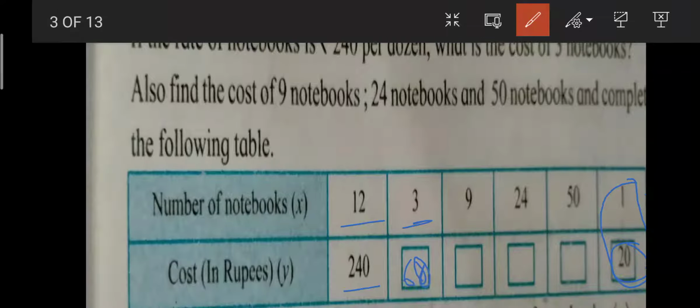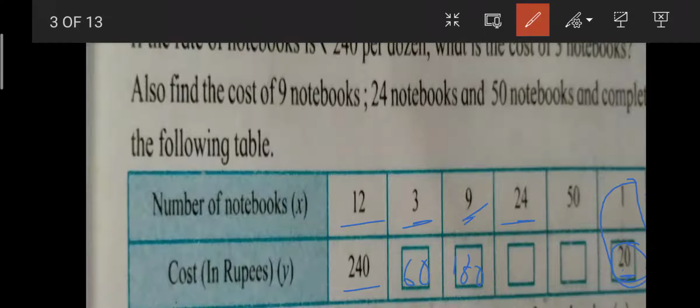Okay. And similarly, if we want to calculate for the 9 notebooks, we will take 9 20s, so that will give us 180. Similarly, 24 multiply with 20.